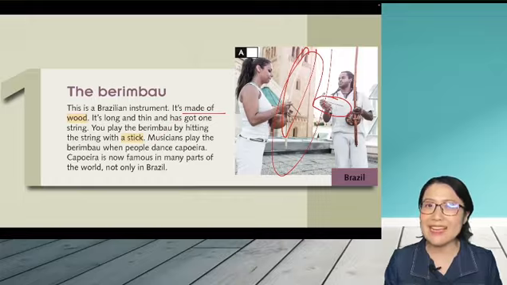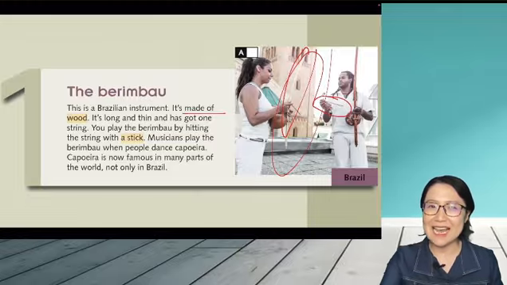Okay? Capoeira is now famous in many parts of the world, not only in Brazil. Capoeira 现在呢是非常的 famous 很有名的 in many parts of the world, not only in Brazil. Not only 就表示不仅仅是在 Brazil 巴西很有名, right?